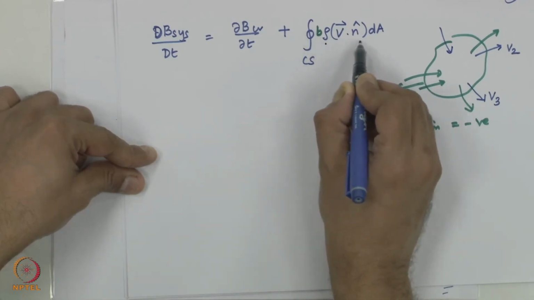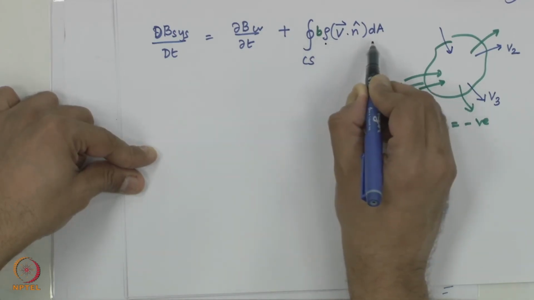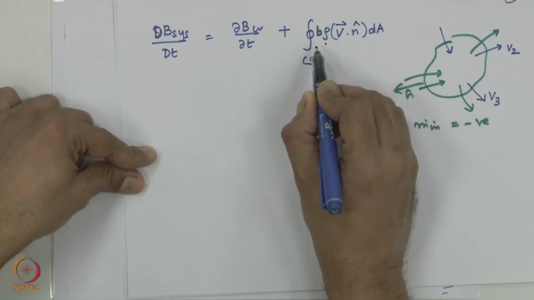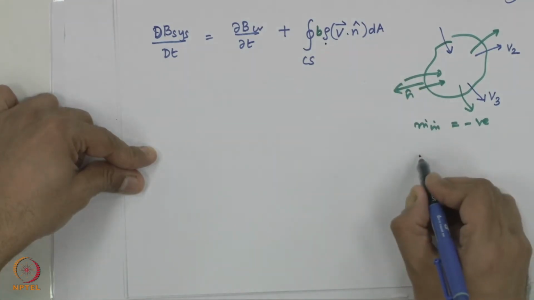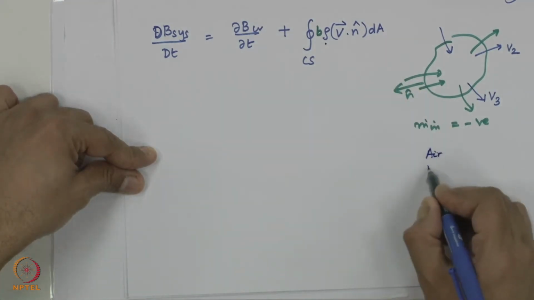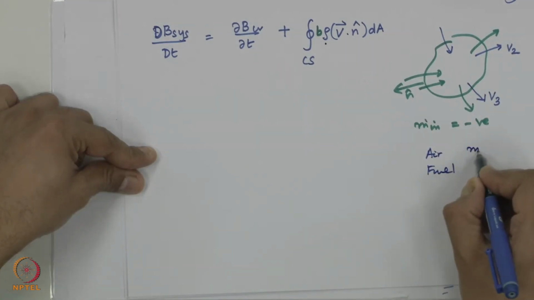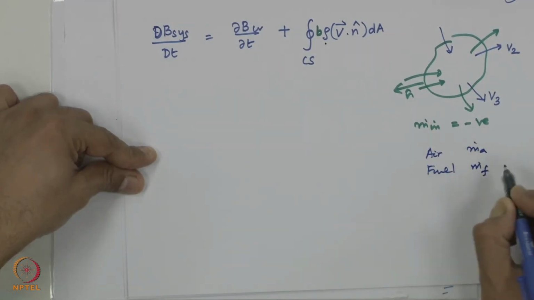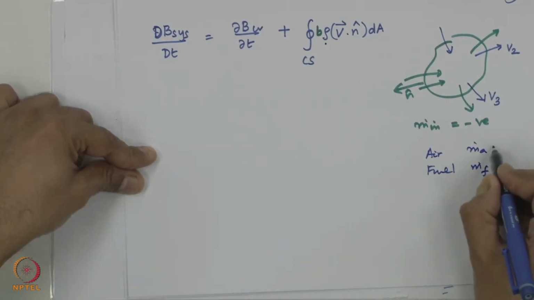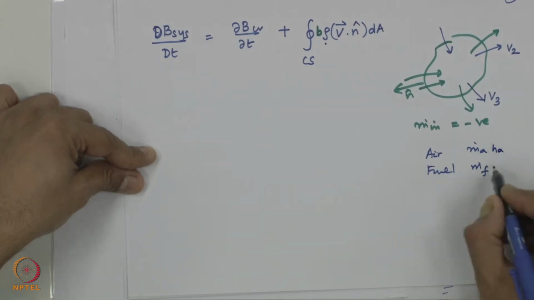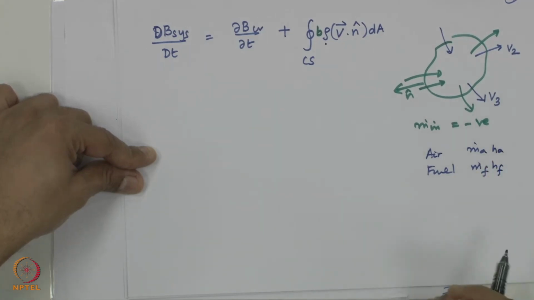Rho V dot n cap into B dA is mass flow rate times that intensive property. So if you have an IC engine, air is coming in, fuel is also coming in. So this is m dot air, m dot fuel. Each will have a particular enthalpy coming in. I am just writing HA and HF. This could be a more complicated form.